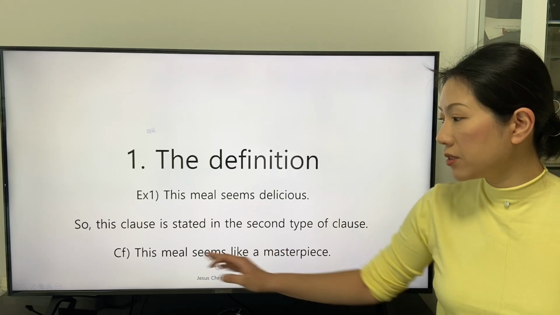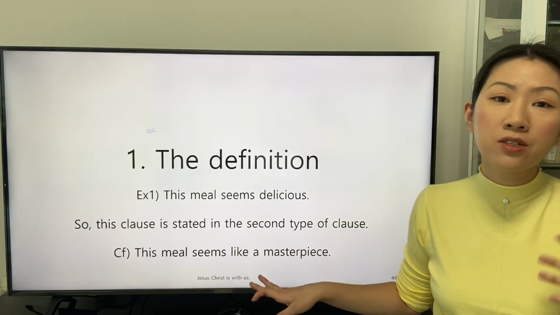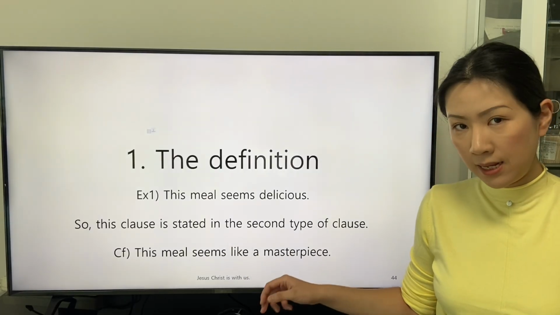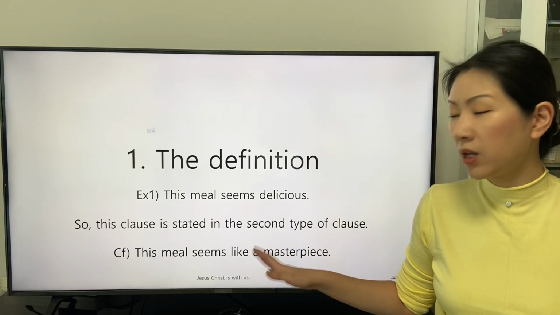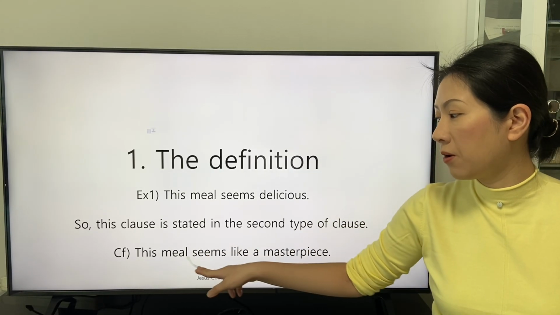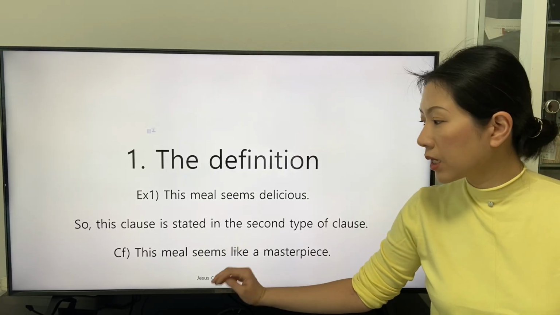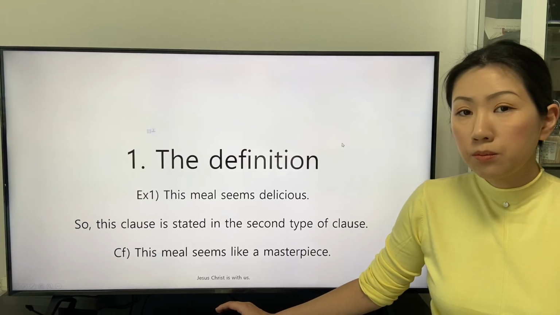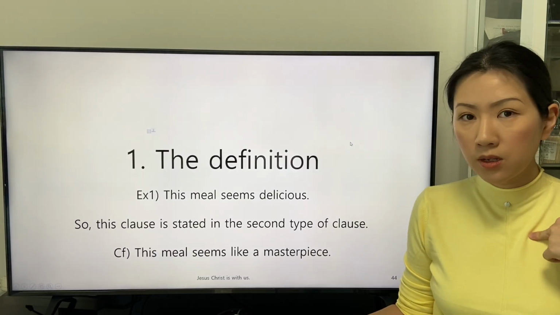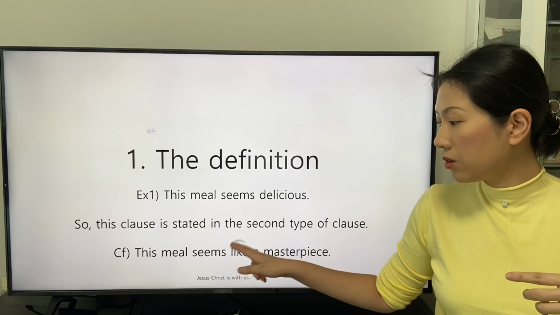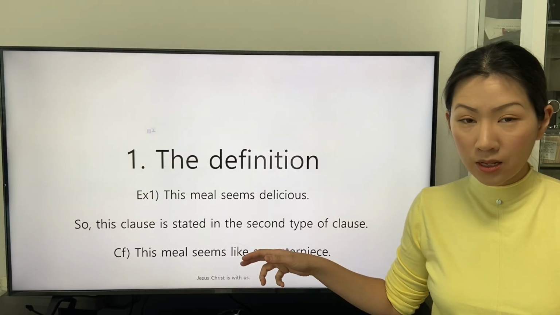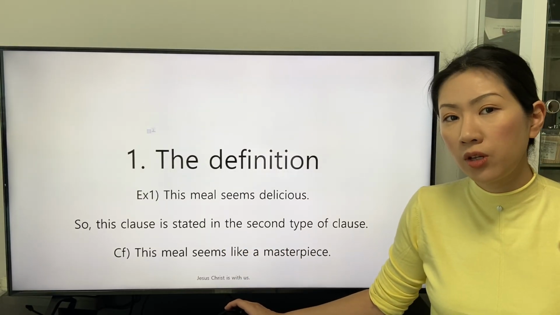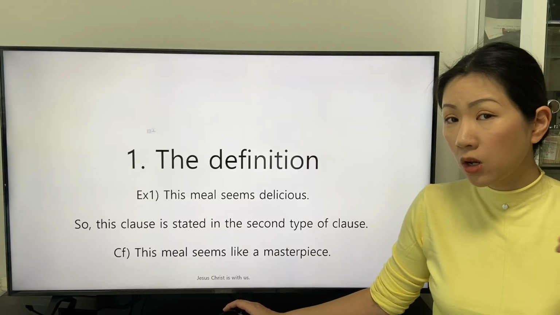There's a clause, this meal seems like a masterpiece. In this clause, the preposition like is applied. So we can understand that this clause is stated in the first type of clause. Plus, we understand that the word like is able to be applied as a conjunctive adverb.